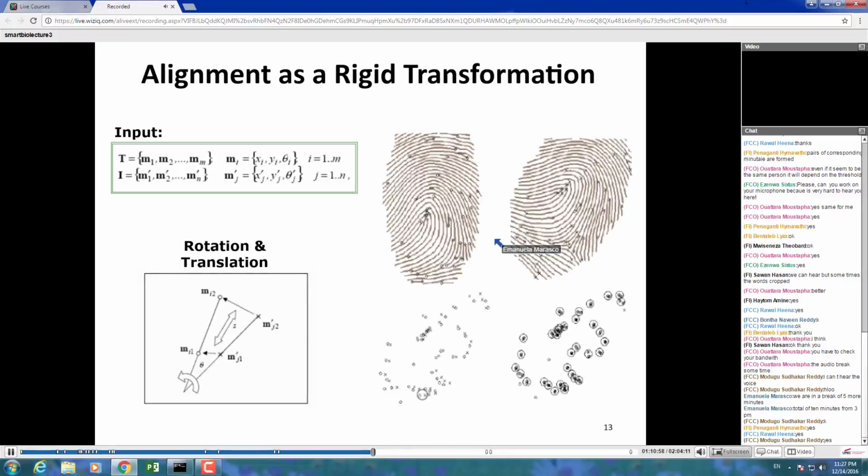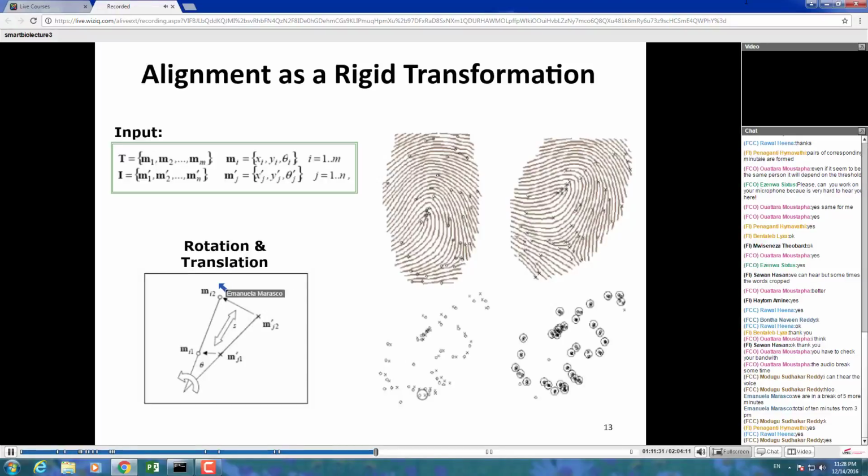The rotation is needed because we have differences in ridge orientations. We can find some differences in orientation due to different displacement and placement of the finger. So what we have here is the rotation operation, and then the translation.